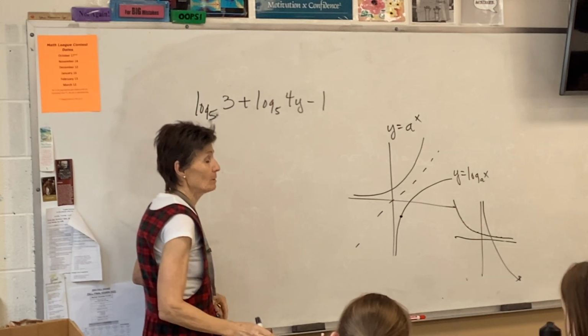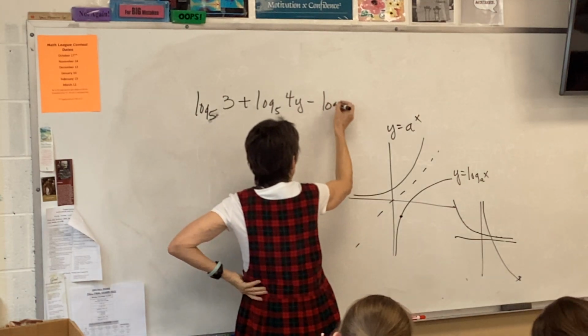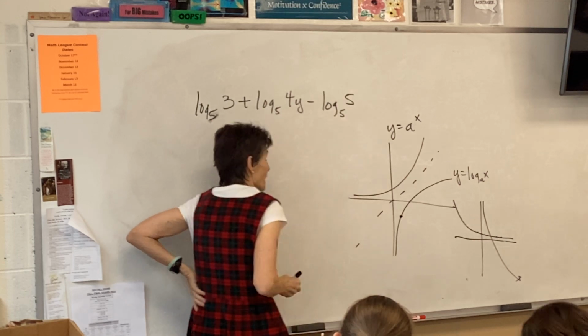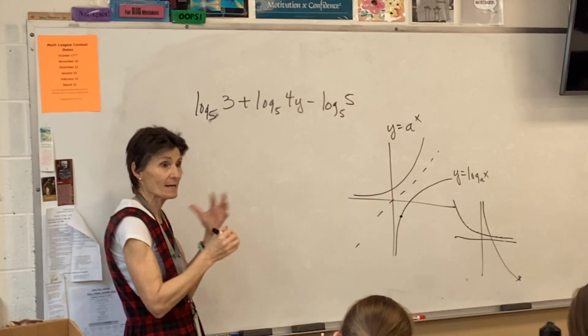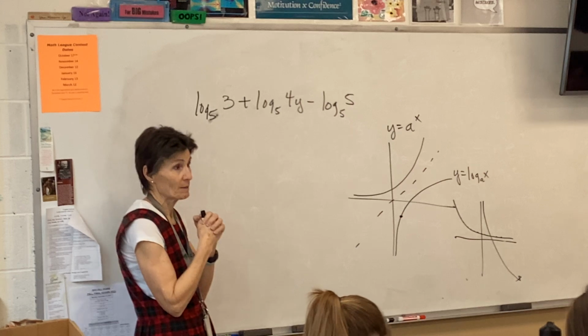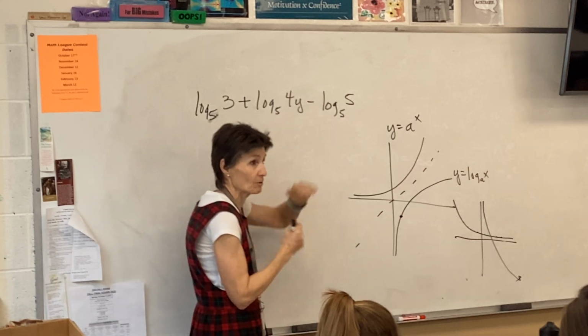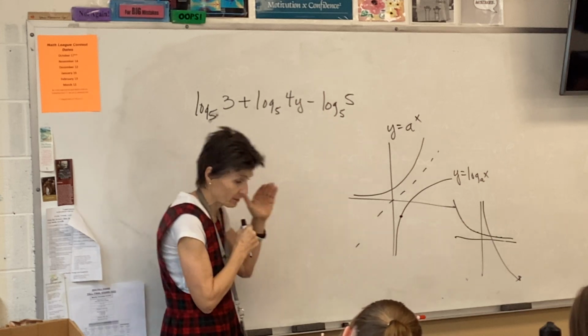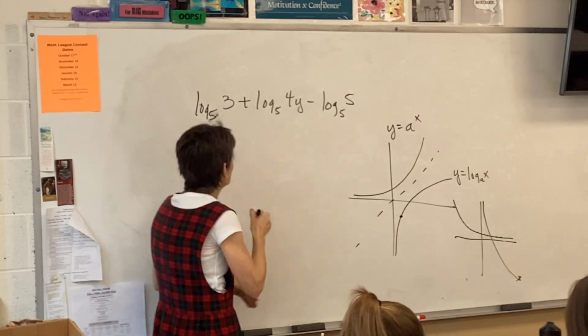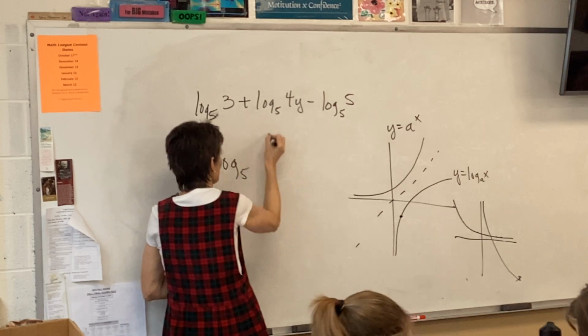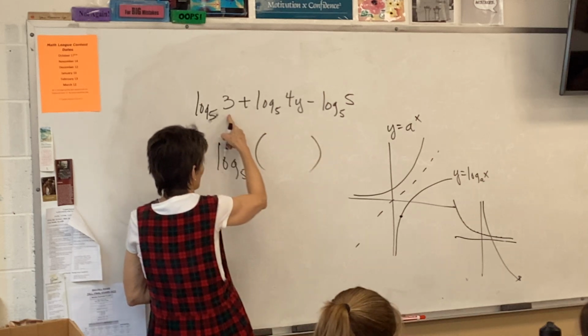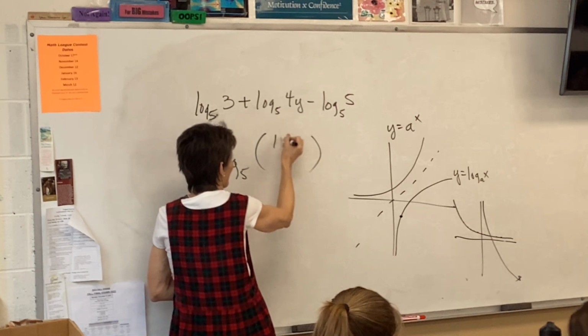Now remember, 1 is the log base 5 of 5. And since I'm supposed to be combining all of these, it's probably best to write it as a logarithm so that it can be put together with all of these. So it's going to be the log base 5 of 3 times 12y.